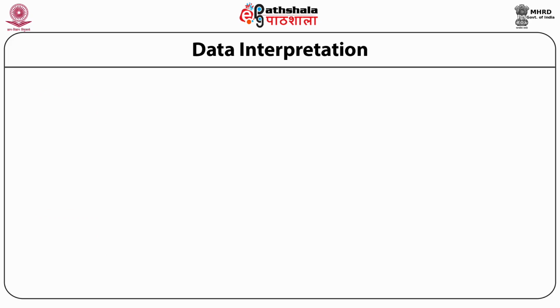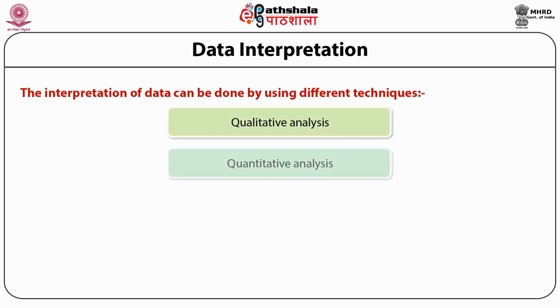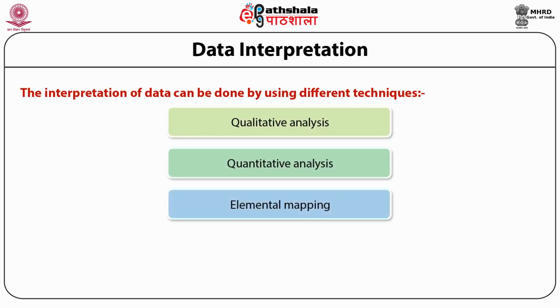About the data interpretation. Once the sample is prepared, the process begins and there comes the point where we need to interpret the data. The interpretation of data is broadly done by using different techniques like qualitative analysis and quantitative analysis, elemental mapping, and line profile analysis.